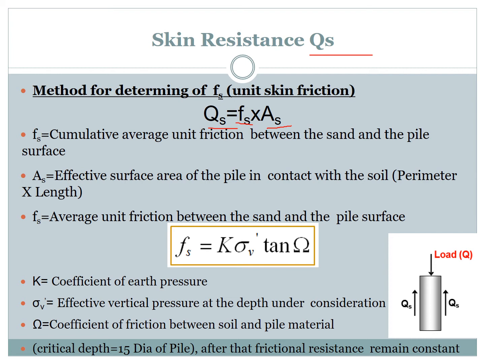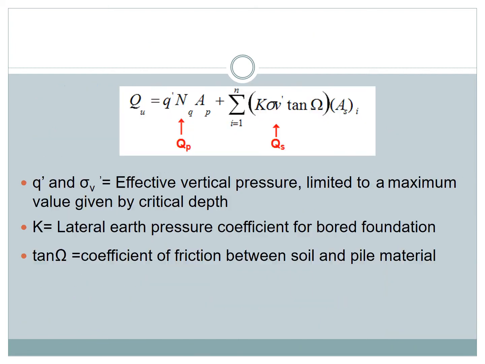The unit skin friction for a straight sided pile depends upon the soil pressure acting normal to the pile surface and the coefficient of friction between the soil and the pile perimeter. The equation for the unit skin friction is K sigma v tan delta, where K is the coefficient of earth pressure, sigma v is the effective vertical pressure at the depth under consideration, and delta is the coefficient of friction between the soil and the pile material.